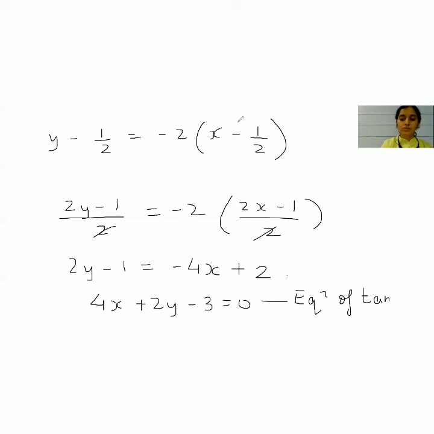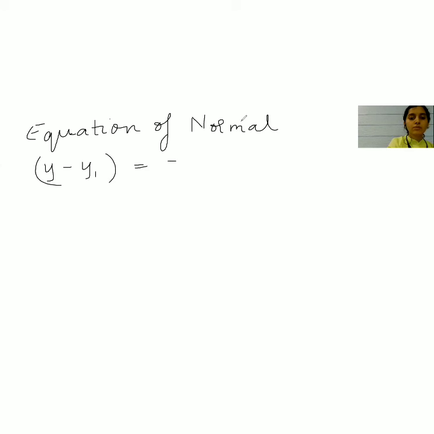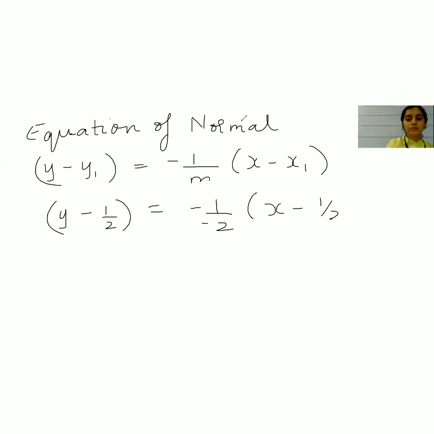And how will we find equation of normal now? So m dash is, let's say, equation of normal is y minus y1 equal to minus 1 upon m into x minus x1, okay, which will be y minus half equal to minus 1 upon minus 2 into x minus half. This will become plus. Okay, we can send the 2 on the other side.